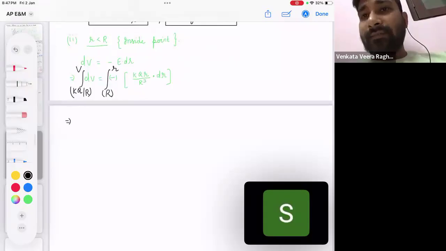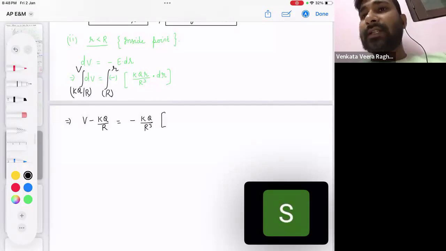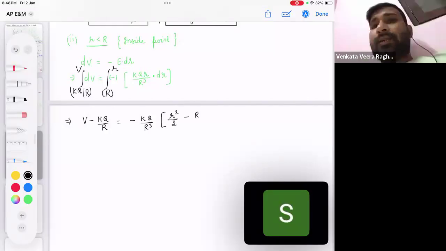Integrating dV, V minus KQ/R will become equal to minus KQ/R³, constants, and then we have r dr integration, that means r²/2 minus R²/2.